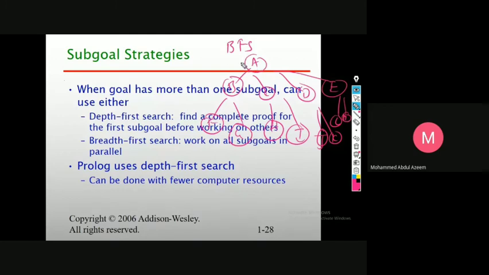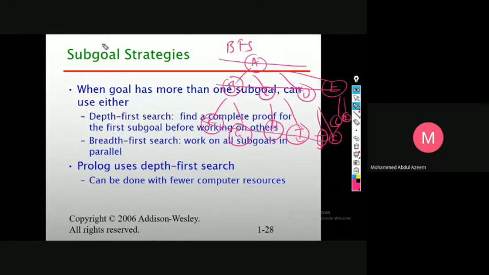So in breadth first search, how do you go? You go breadth-wise. You explore the root node, and when you explore it, you find all the child nodes to be live nodes. So all these live nodes are going to be explored. It means B will be explored, C will be explored, D will be explored, E will also be explored, right? Then you will go like this. This is the breadth first search.